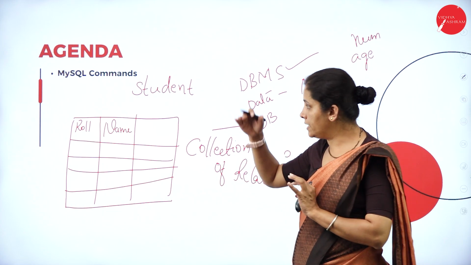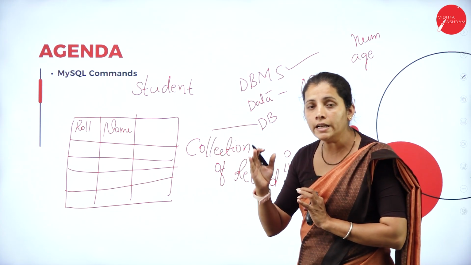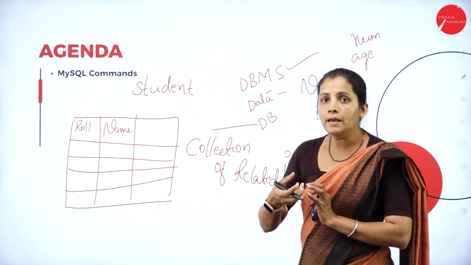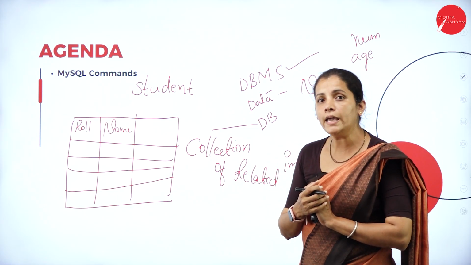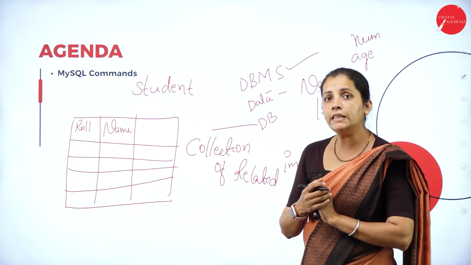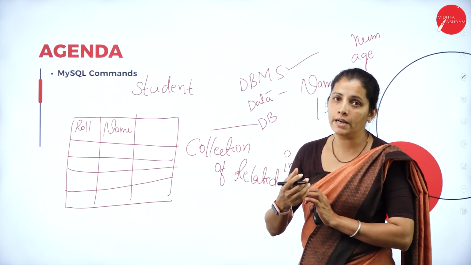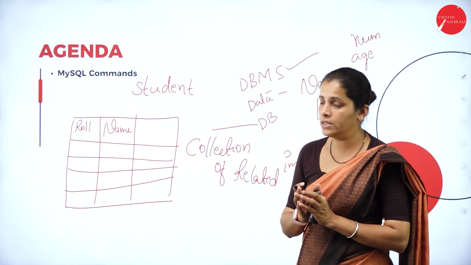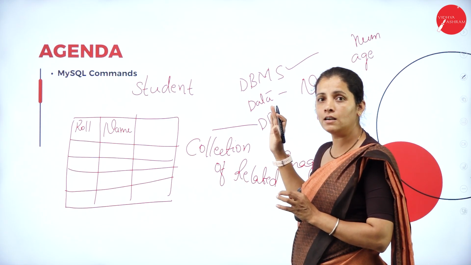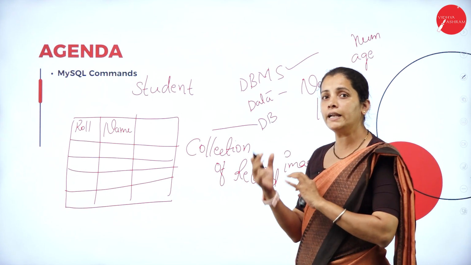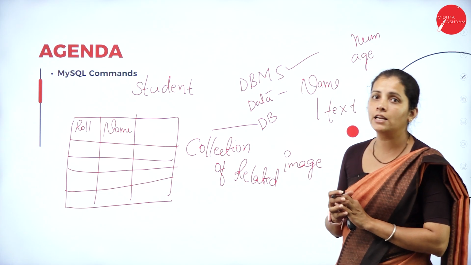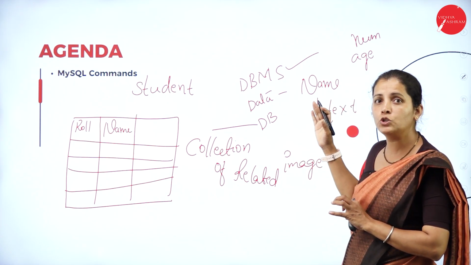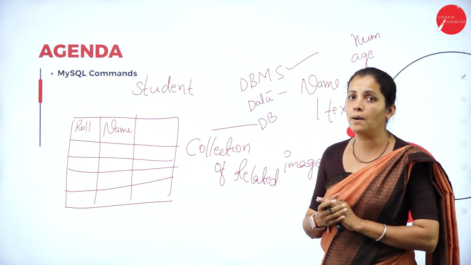That's creating the database, inserting data into the database, querying the information, maintaining the database, modifying the database. All these things together are called manipulation. So database is a collection of related data, and a database management system is application software used to manage and manipulate the database.